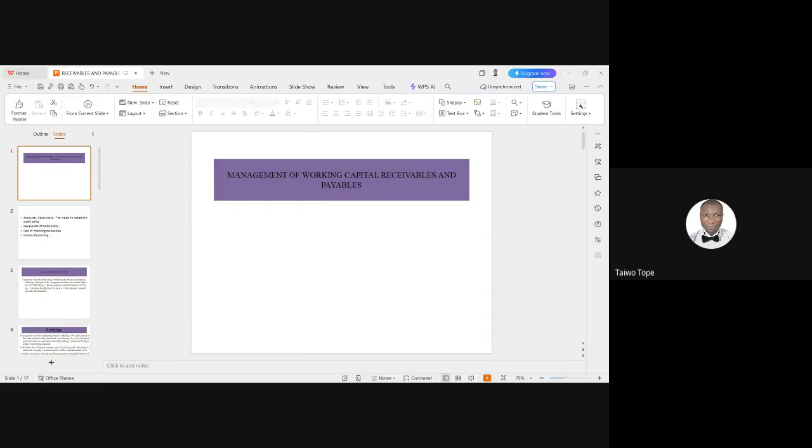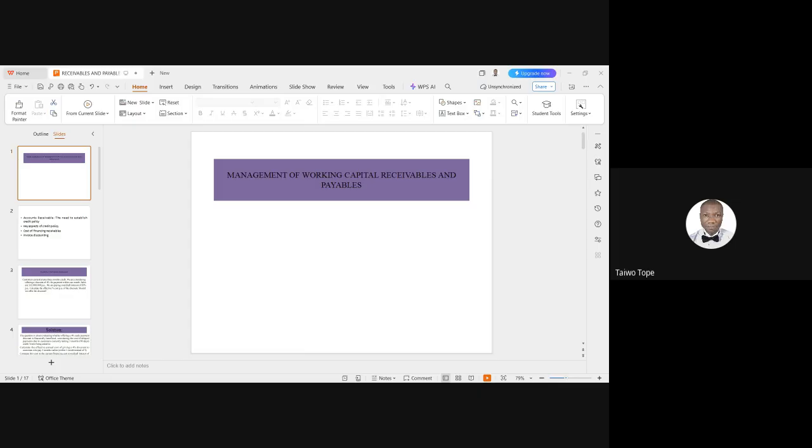Because when there is absence of this credit facility, it will encourage your customers to select an alternative supplier that is offering more favorable credit terms. So the point is this: allowing too much credit or not managing the credit policy carefully enough could result in irrecoverable debt.